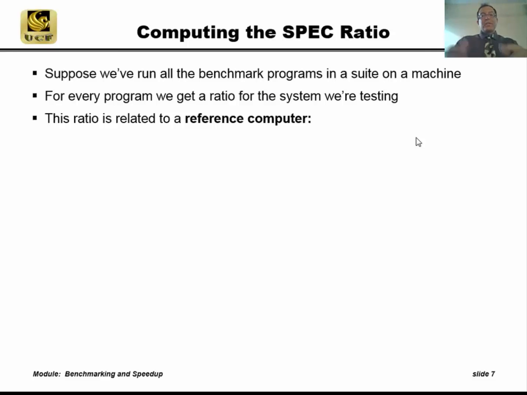So let's put this in practice and look at what some of these numbers mean, because some days the customer wants you to make a trade-off or is paying you to meet some performance objective. The way the SPEC ratios work is they report the results relative to some reference.